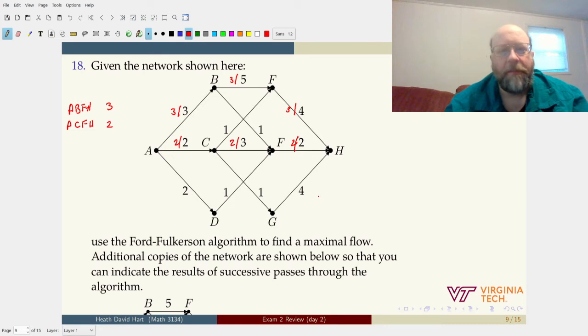Is that right? So our maximum capacity in this case looks like it's 5. There's no way to improve that unless, is there some way we can do some backflow? Let's see.